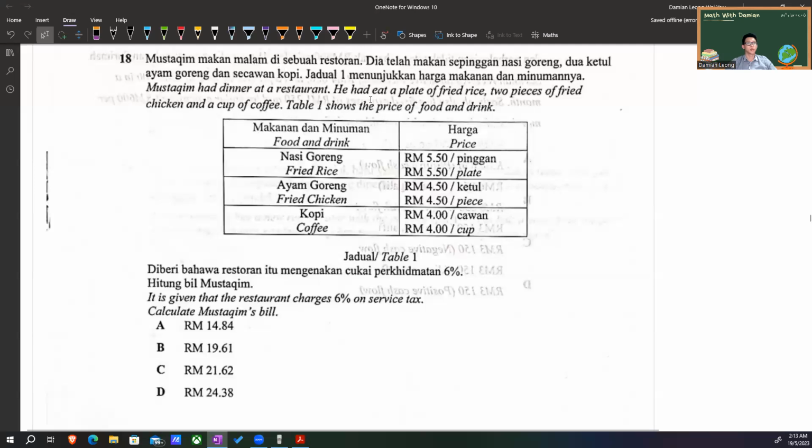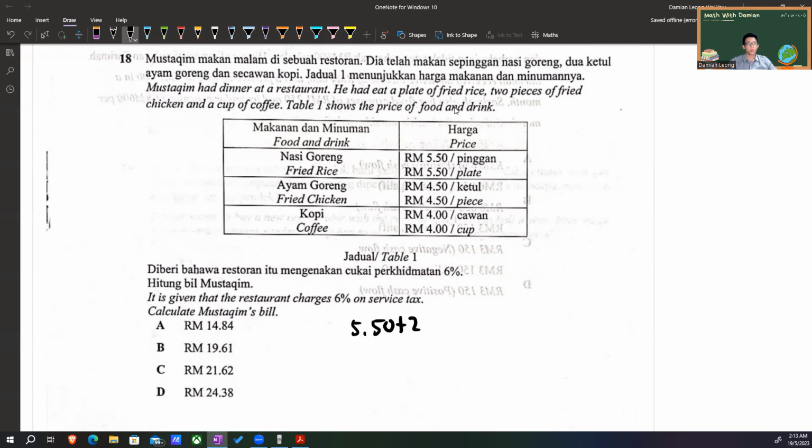Mustaqim had dinner at a restaurant. He had eaten a plate of fried rice, 2 pieces of fried chicken, and a cup of coffee. Table 1 shows the price of food and drink. The restaurant charges 6% service tax. Calculate Mustaqim's bill. So he had 1 plate of fried rice, 2 pieces of chicken, 1 cup of coffee.